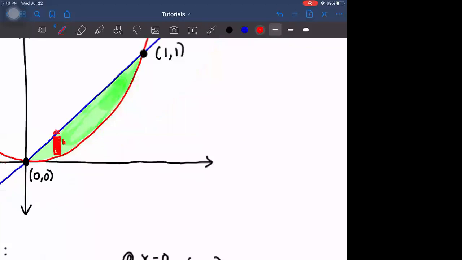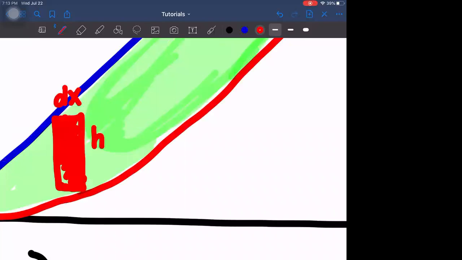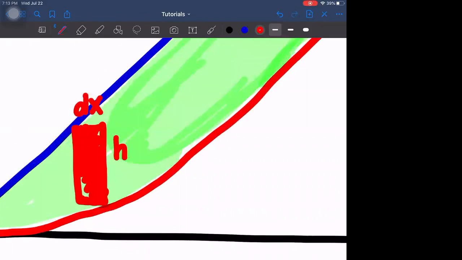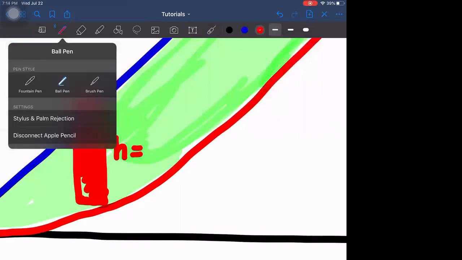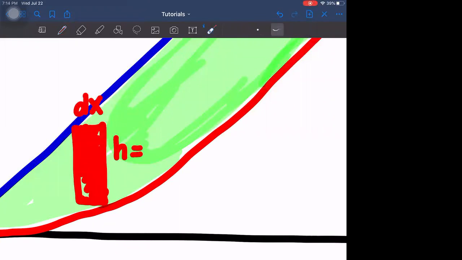Take note, the bottom does not touch the x-axis. So the height here, when you solve this, would always be the curve on top. Which curve is on top, the line or the parabola?